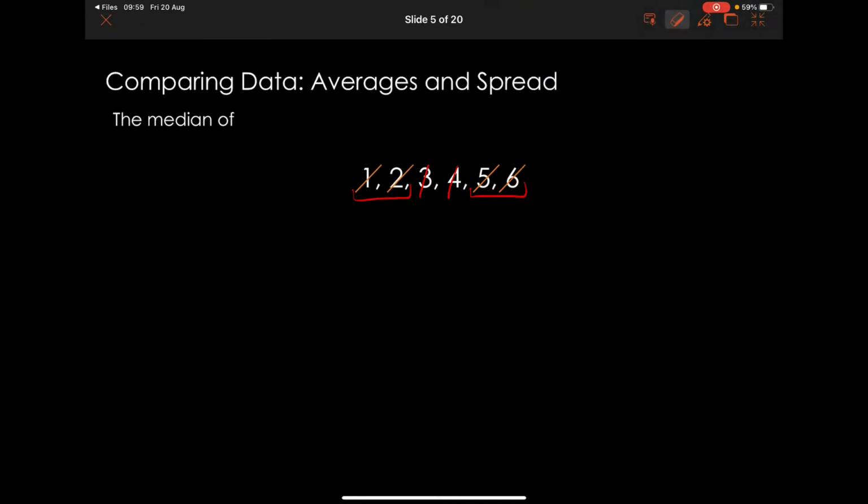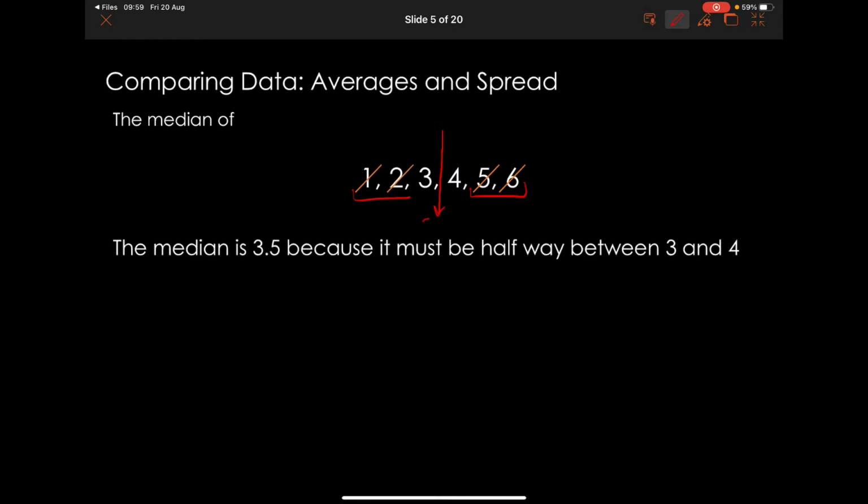So now I've got 3 and 4 in the middle, so I go right in the middle of 3 and 4, which is 3.5. So the median is 3.5 because it must be halfway between 3 and 4. The median means the middle.